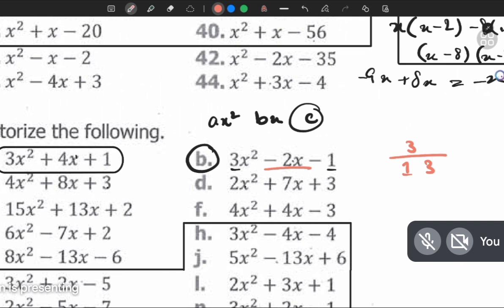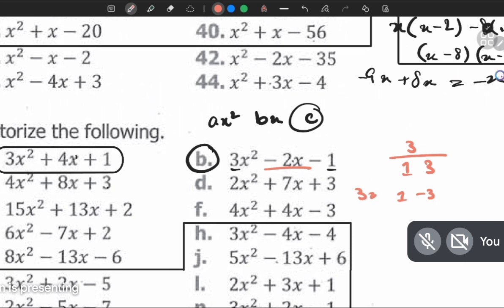So 1 minus 3, but we have to get minus 2, right? So which one will be the larger value? It will be 3, right? So minus 3 plus 1, or you can write it as 1 minus 3. Either way is fine.